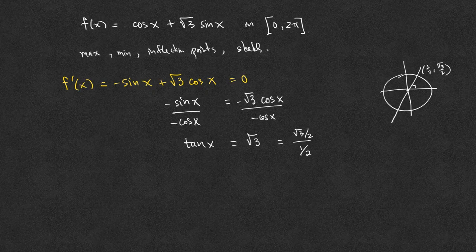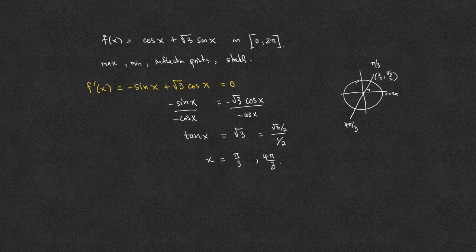At this point, the angle is pi over 3, and in the third quadrant, the angle is 4 pi over 3. And so the solutions between the interval 0 to 2 pi are x equals pi over 3 and x equals 4 pi over 3. These two are the critical values.